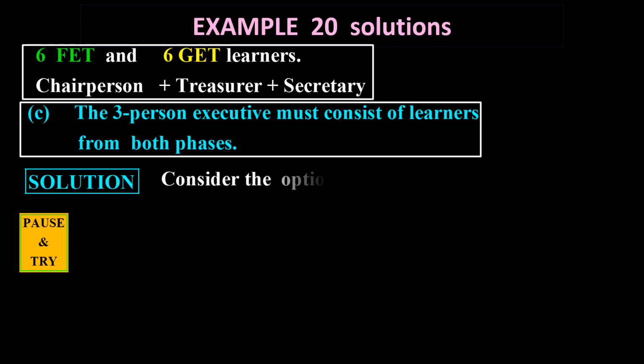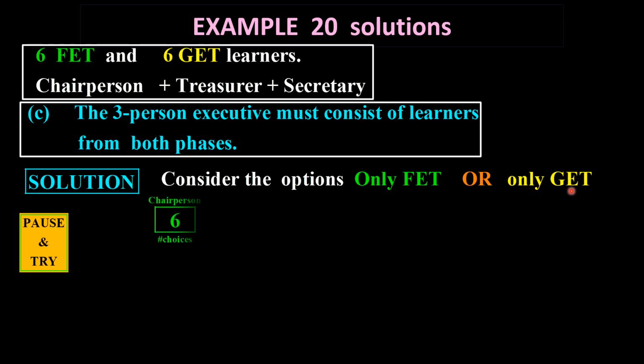Okay, let's look at your solutions now. So we have to look at the options first. We see how many ways can we have the committee be elected that they only consist of FET or only of GET. So let's look at that first. If they consist of FET, so I'm using the green for FET, in other words, everybody is elected out of the FET group.